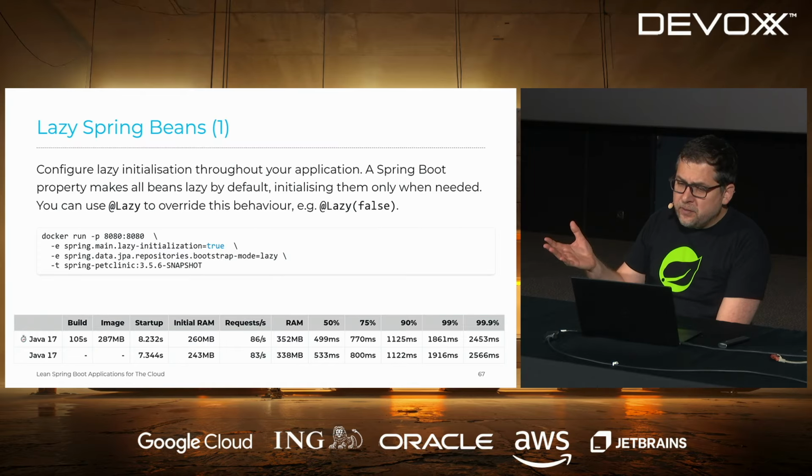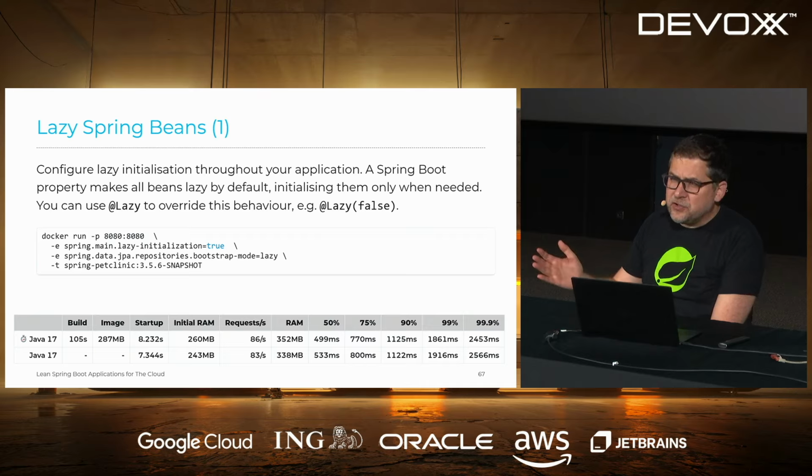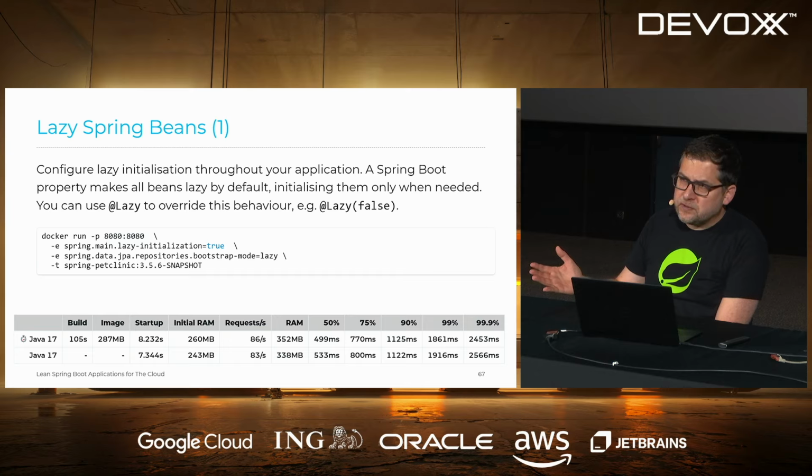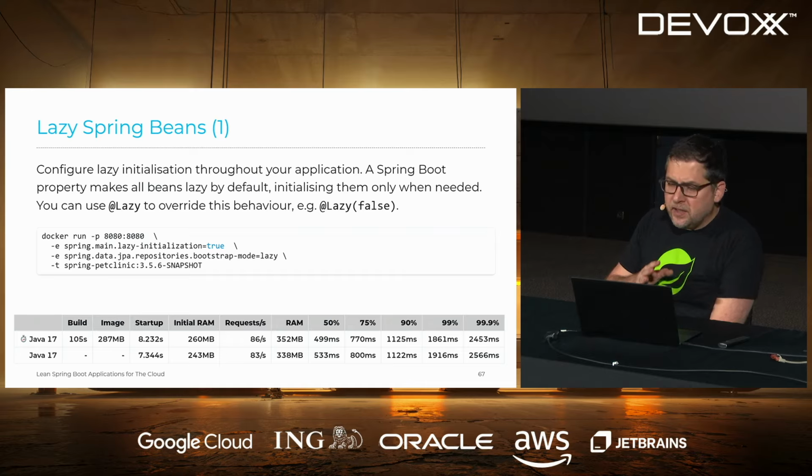My goal in general is to have the application starting fast at the expense of the first request. You won't see anything related to these numbers in my benchmarks because I have a warm-up phase. And in the warm-up phase, all the beans needed were created. So the first request was damn expensive, right? That's why you don't see this in the numbers. And it still behaves very, very similar, right?